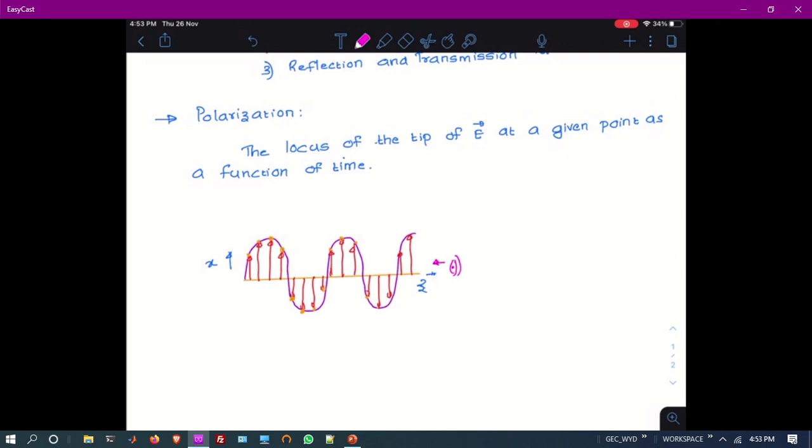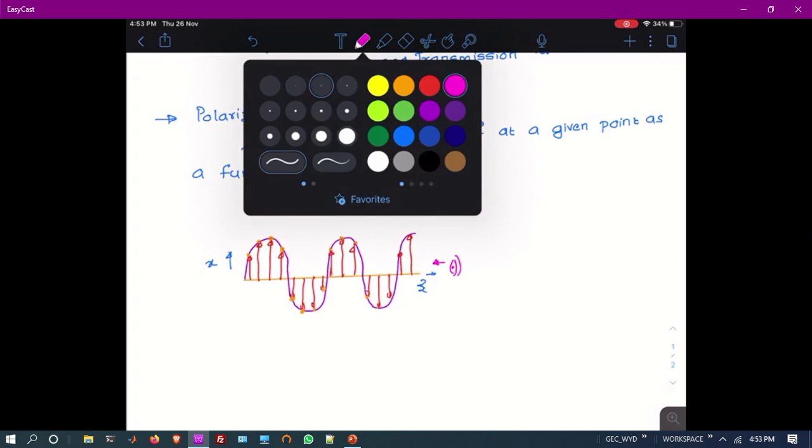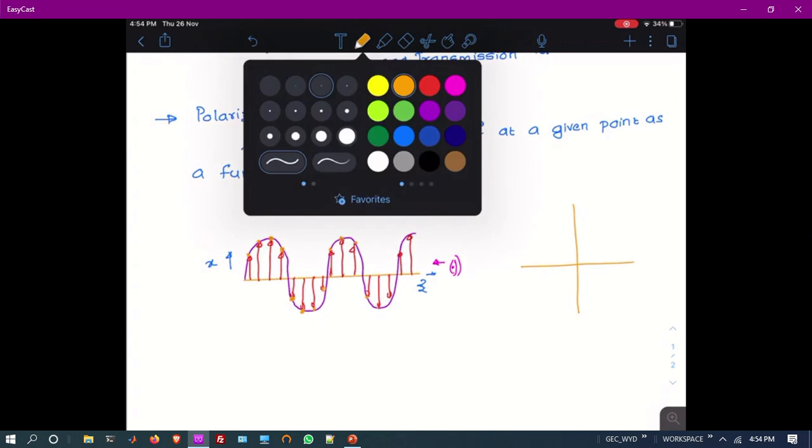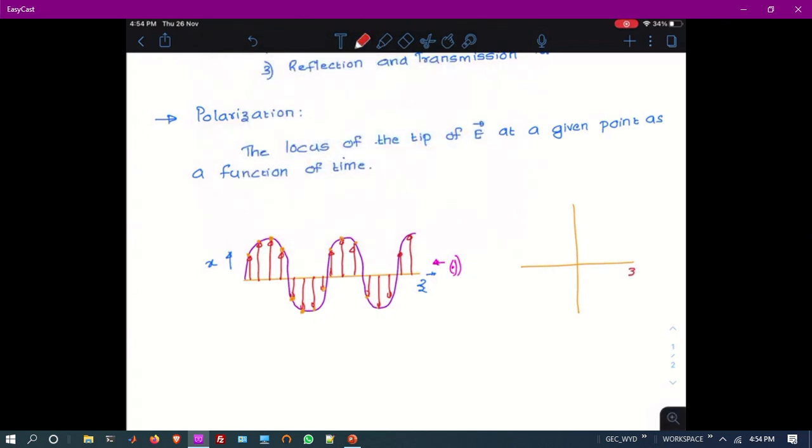So you should imagine that you are looking from this direction, and you see that the electric field orientation will be something like this. So this is, let's say, z and x. So your electric field will be something like this. Okay. It will be moving up and down when you look at it from here.